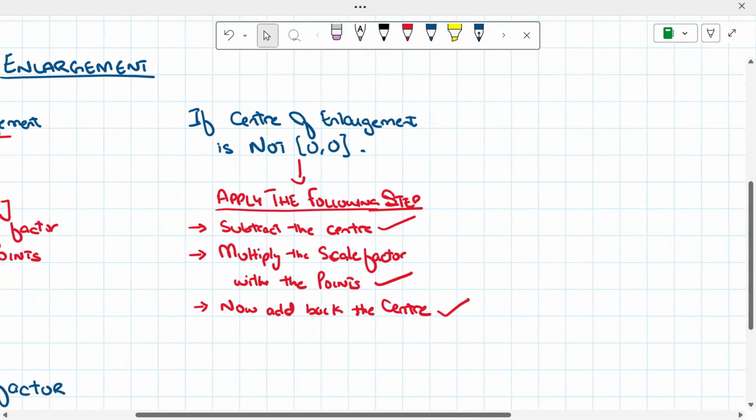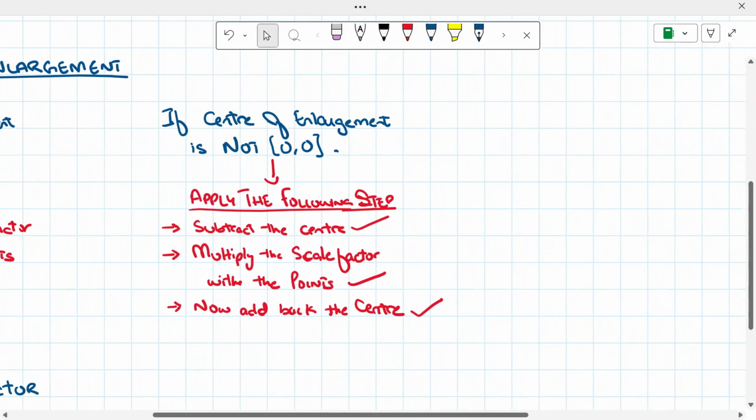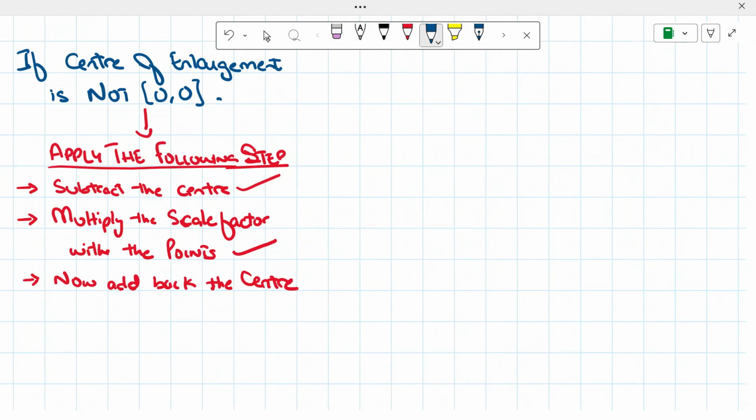For example, the center of enlargement is considered as 2, 2. Okay. So what we're going to do, we will take 3 points. For example, point A is, let's say, 4 and minus 2.